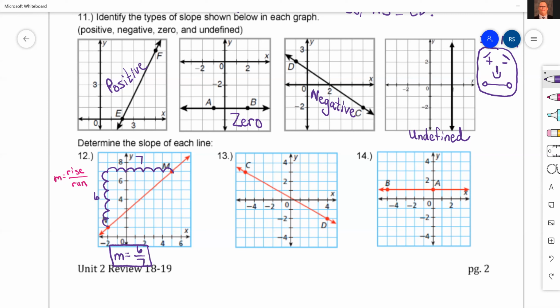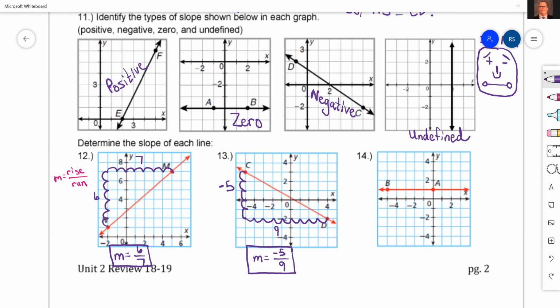Now for 13. I go left to right, which means I'm going to have to go down 5. So -5 over 1, 2, 3, 4, 5, 6, 7, 8, 9. So my slope here would be -5 over 9.